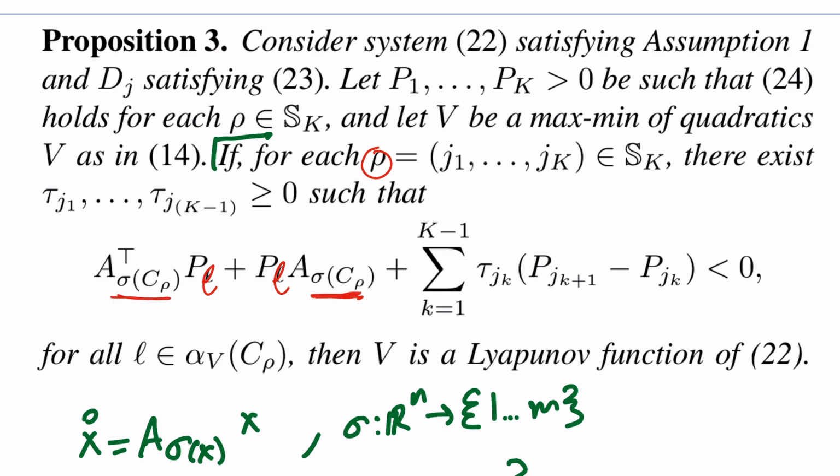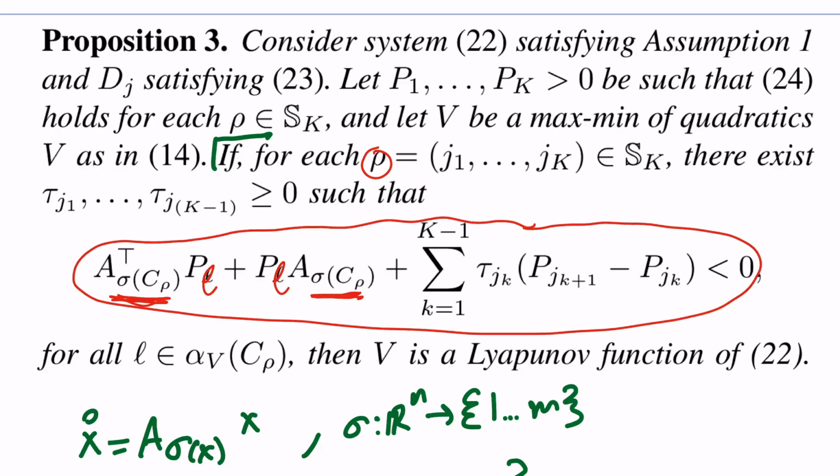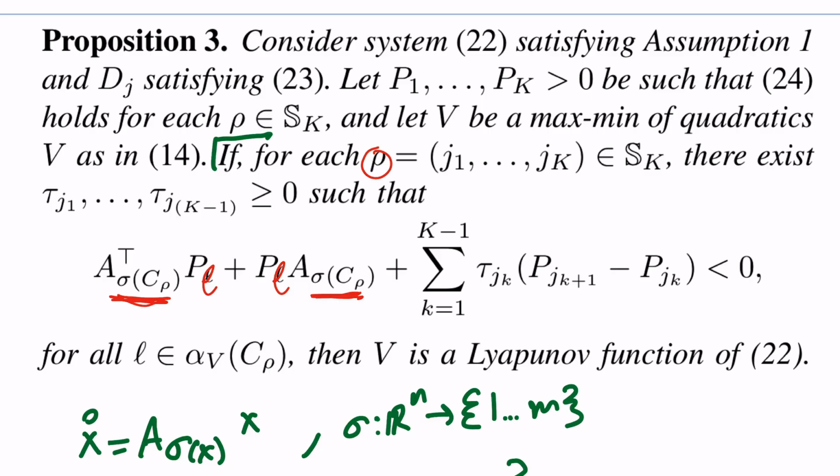For a given row, you also determine which subsystem is active, and then solve that inequality again, like J1, JK, those things. You use them, alright?